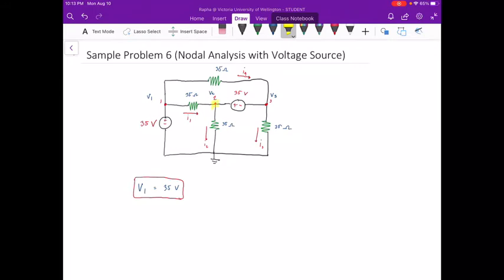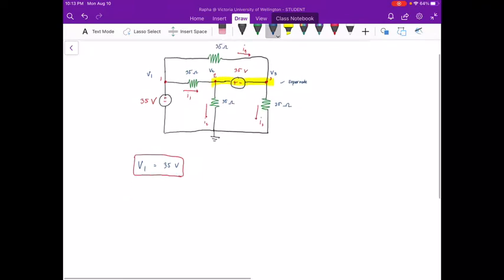So just to highlight this particular area here, that is the supernode. The next thing that we will do is to create a KCL equation at the supernode.